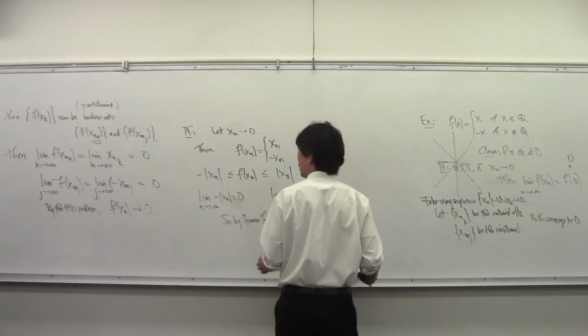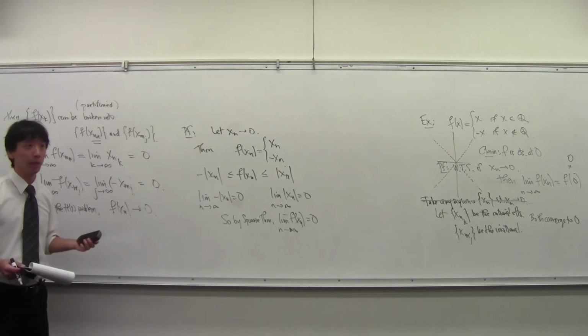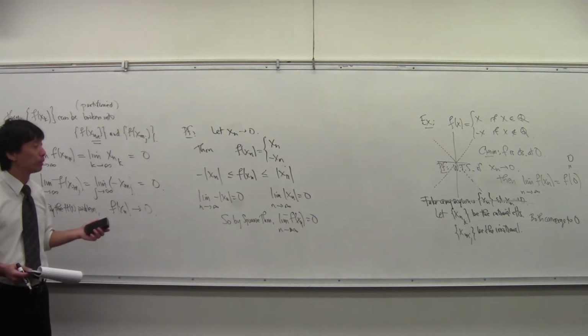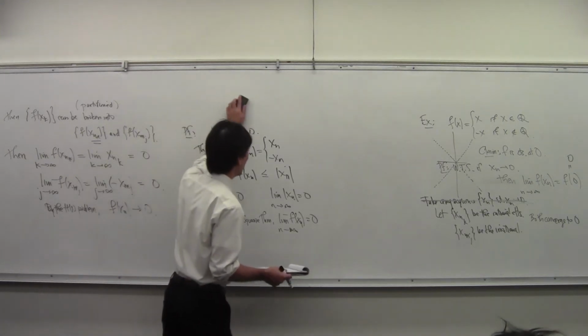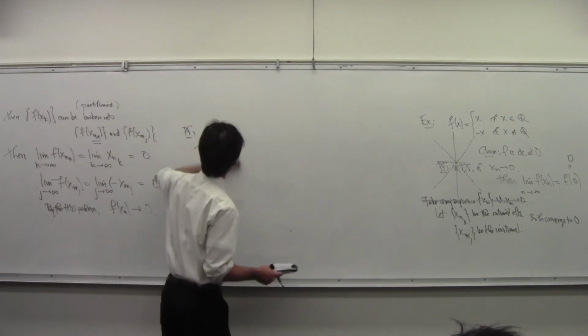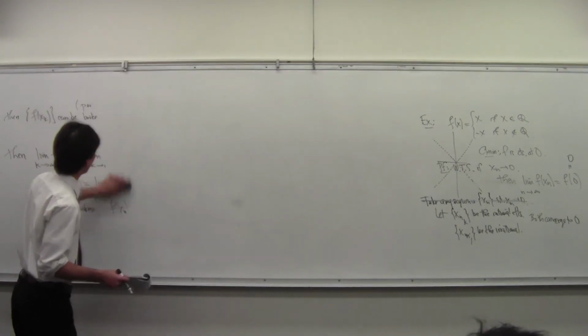Okay. So you're seeing how to use the book's definition to prove continuity, and that's one way to do it. Let me show you the more standard definition of continuity.